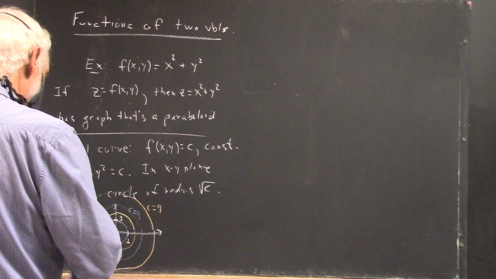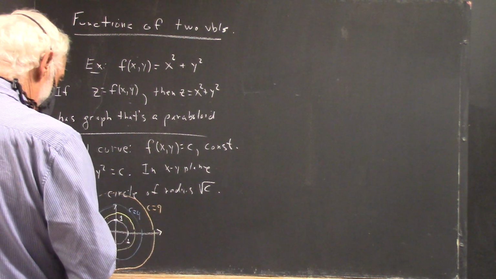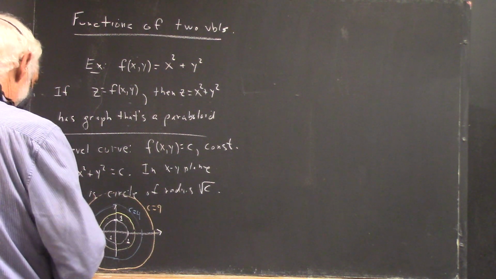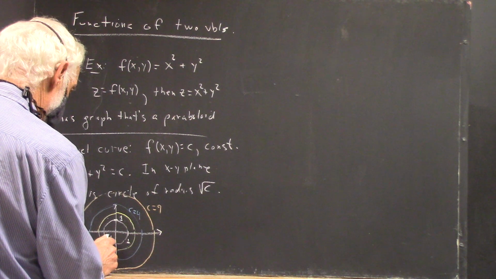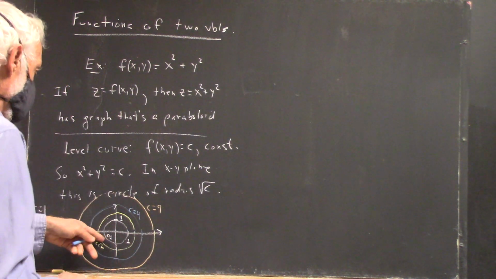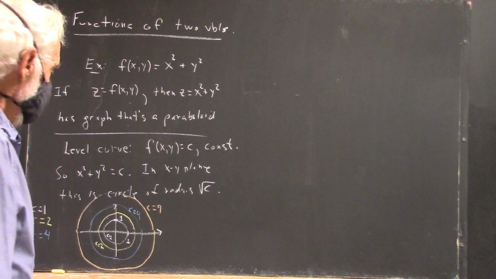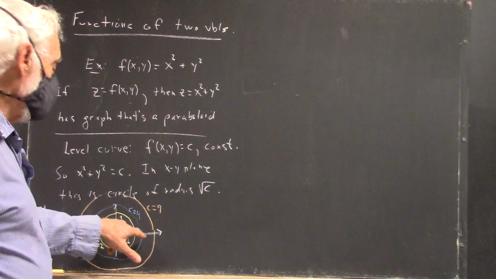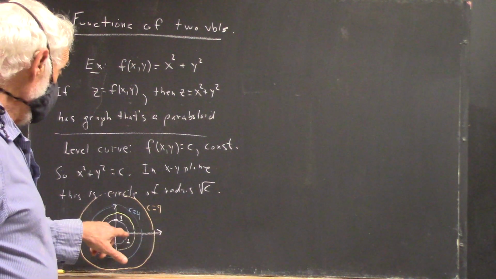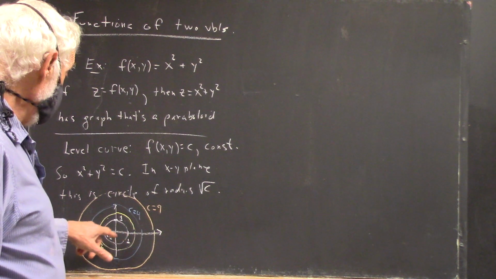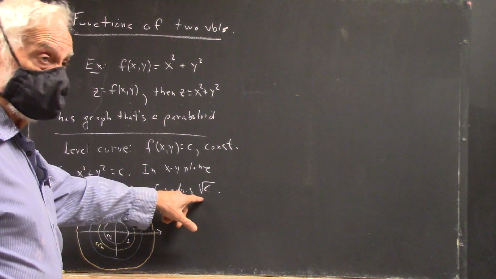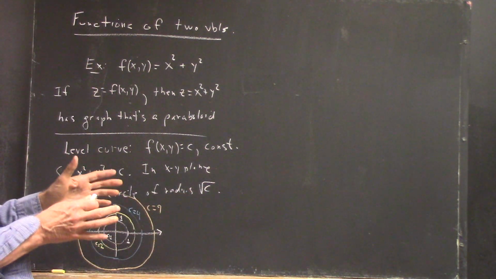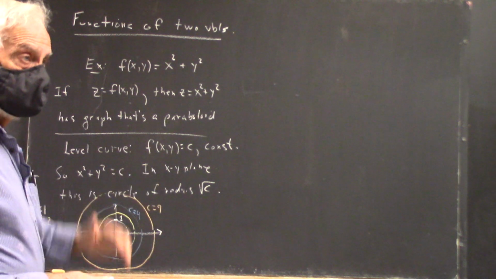So the c equals 4 curve, the c equals 9 curve, the c equals 2 curve, and you barely see the c equals 1 curve. These curves go out in unit radii. Radius 1, radius 2, radius 3 corresponds to c equals 1, 4, and 9, because of course the radius is square root of c.